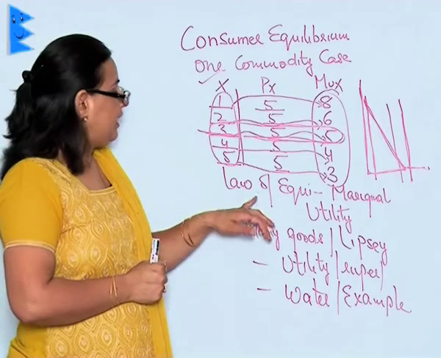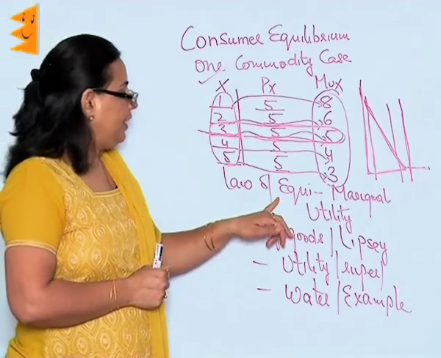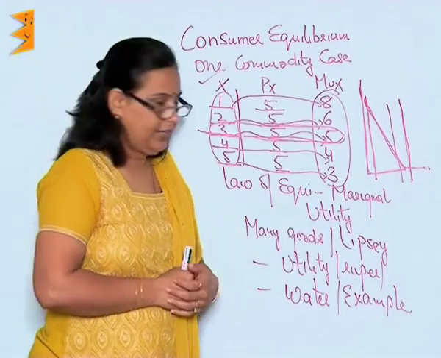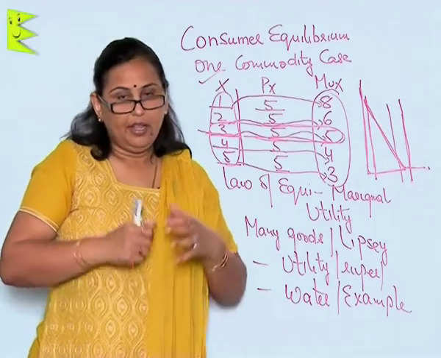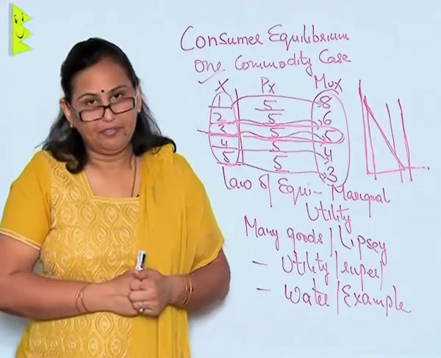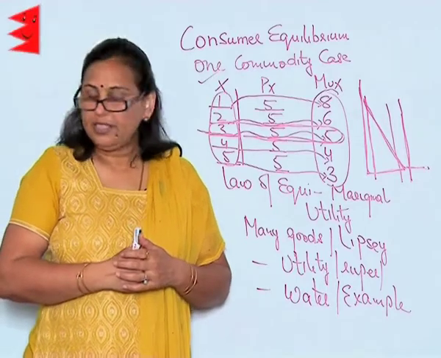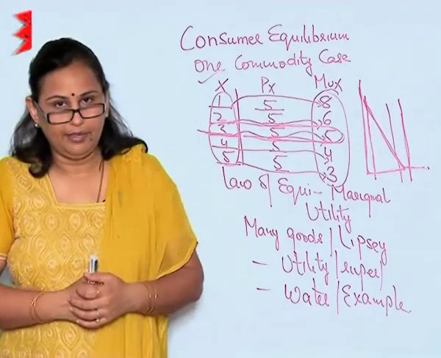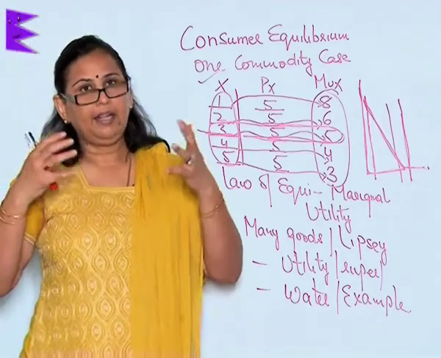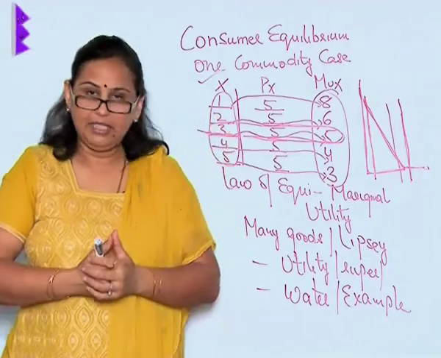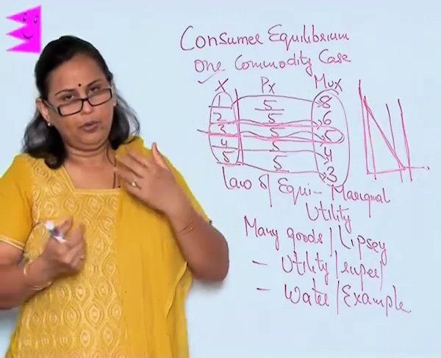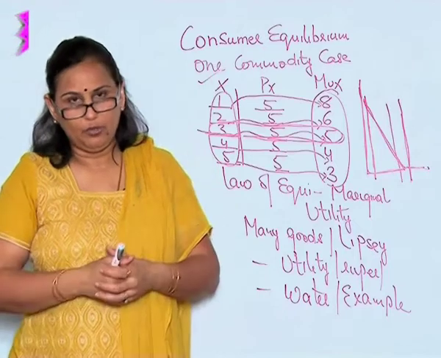which is called the law of equi-marginal utility. You see, the income that we have, the money that we have, is never spent on one thing. Supposing my income is 10,000 rupees, I am not going to buy clothes for 10,000 rupees.